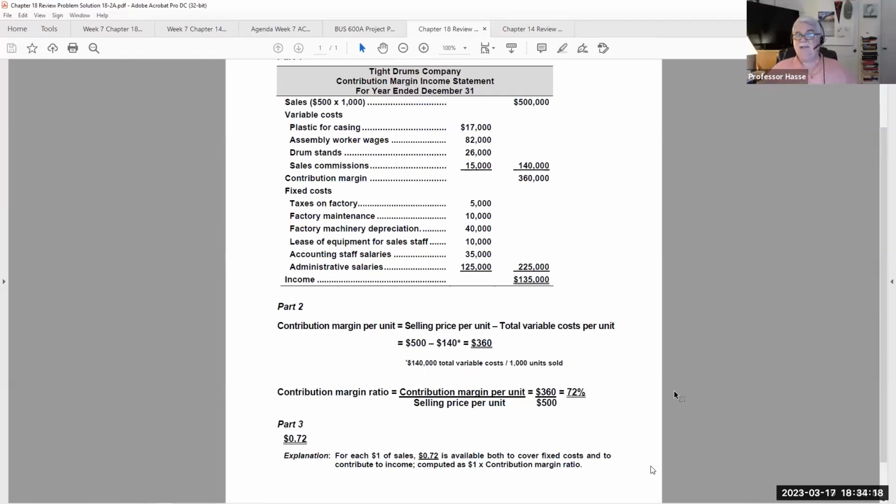So to calculate their break-even in sales, what would you do? You would take 72% of $500,000, and there's their break-even in sales. That's how you would do that. So if I take $500,000 times 0.72, I know my break-even in sales is $360,000. Okay. That's a contribution margin statement. You're going to be looking at that in your 18-day assignment.